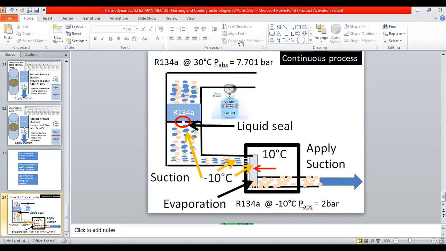This is not the air compressor, but this is for refrigerant compressors or special designs. Okay, very special designs.